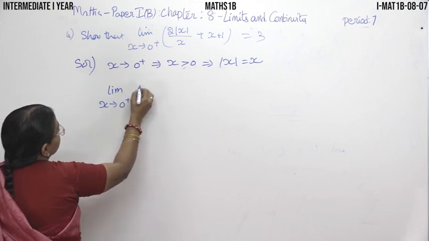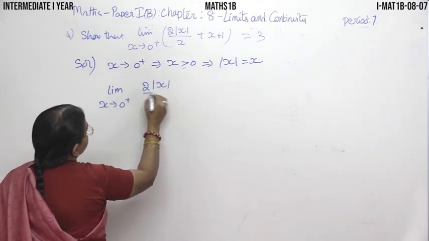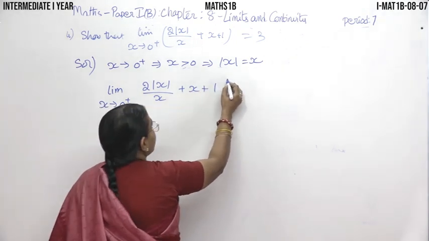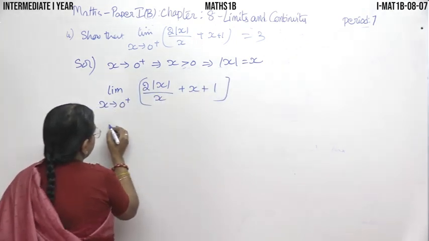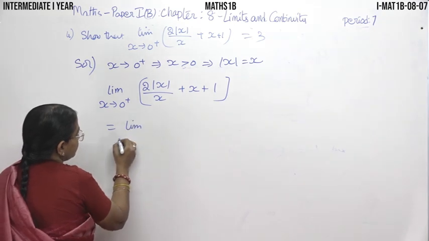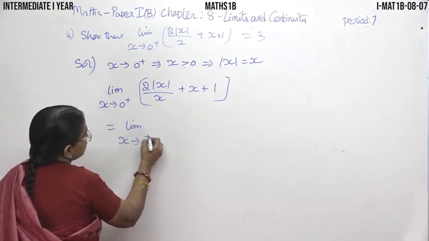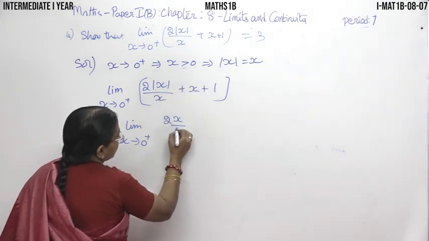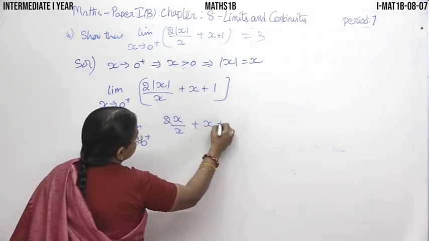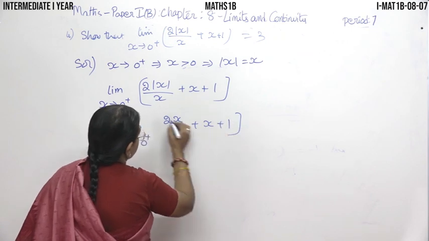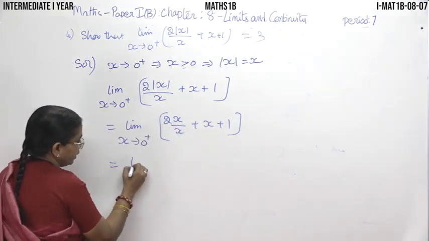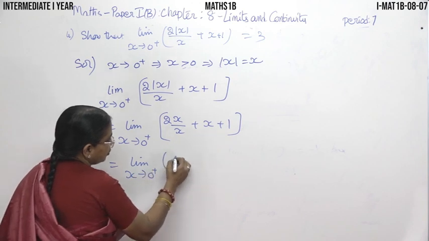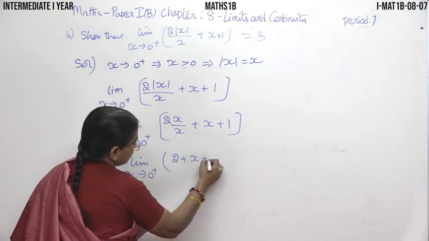Limit x tends to 0 plus of 2 mod x by x plus 1. This is equal to limit x tending to 0 plus of 2 into mod x, which is x only, so 2x by x plus 1. That means limit x tending to 0 plus of 2 plus x plus 1.